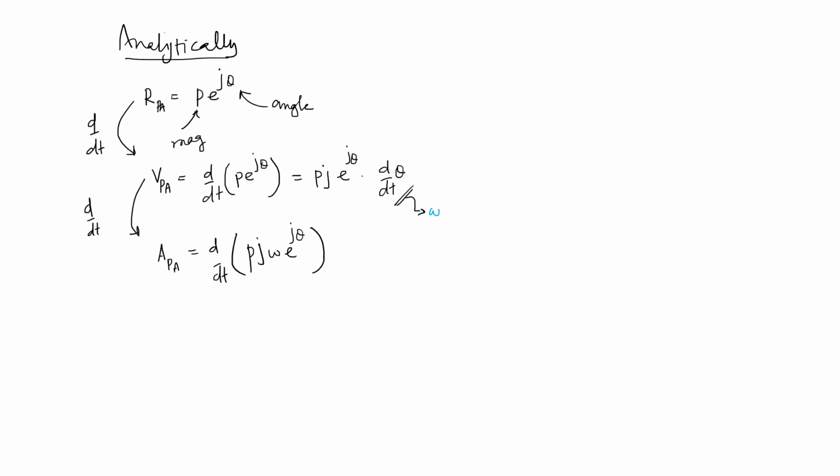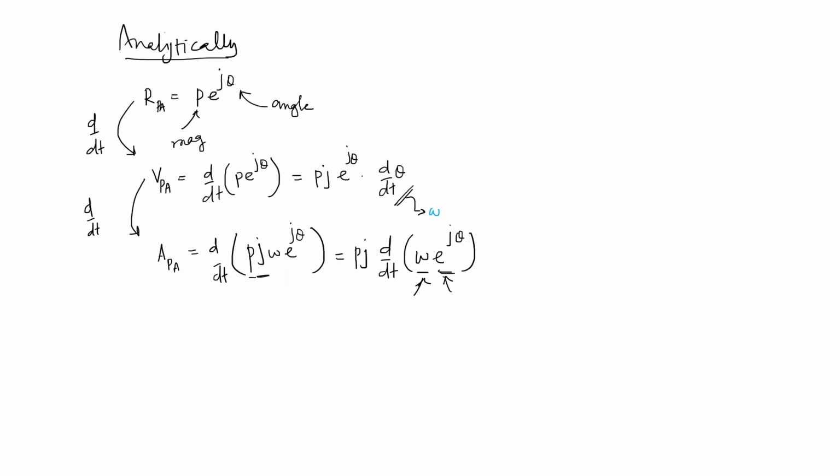And over here, if we analyze, Pj is constant, it is not changing, so that's why we can take this one out, and this turns out to be this expression. Now obviously you can see that omega is also changing with time, and e raised to power j theta has the variable structure as well. So that's why we are going to use the product rule over here.